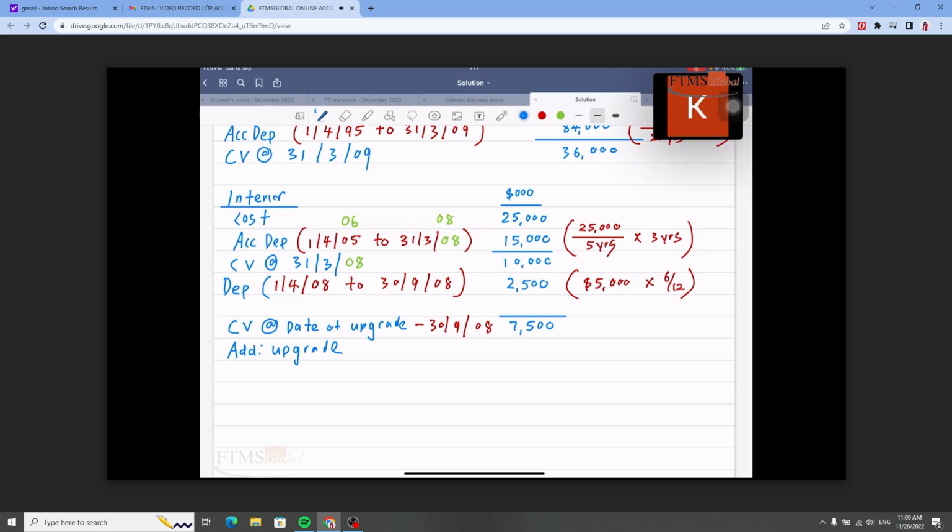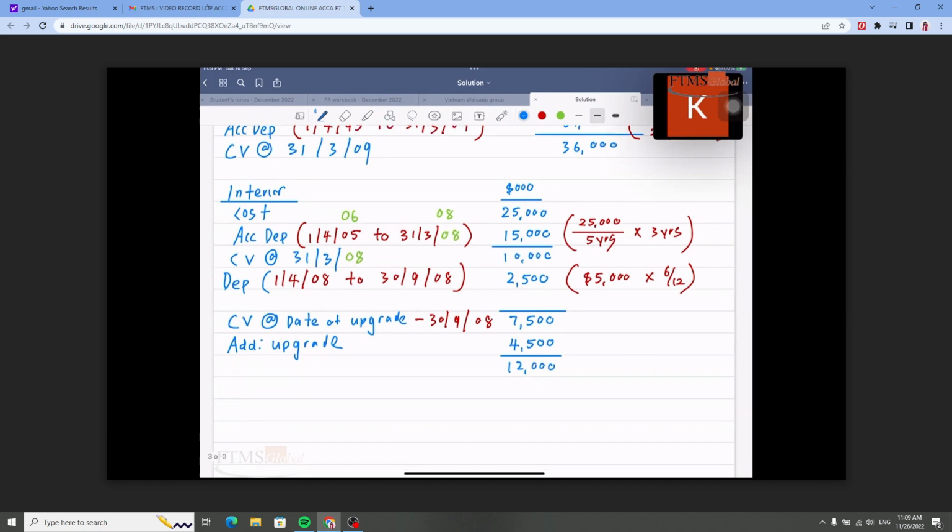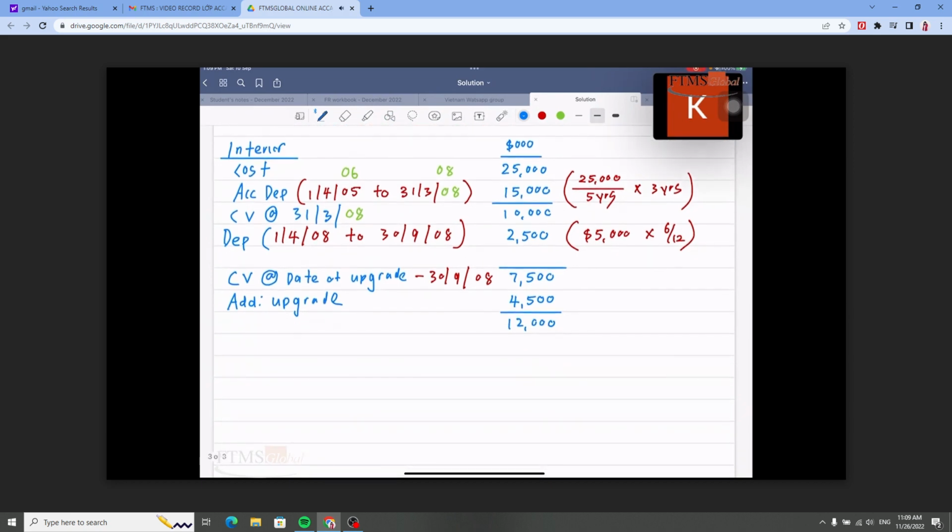Okay, so I add 4.5 here. Then if you remember, we will have a total here of 12,000. Okay, then of course we can continue to depreciate.